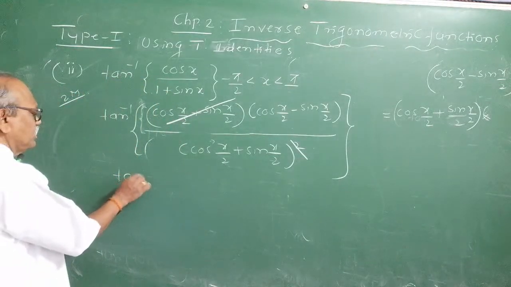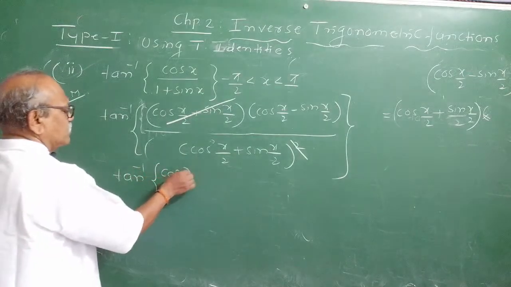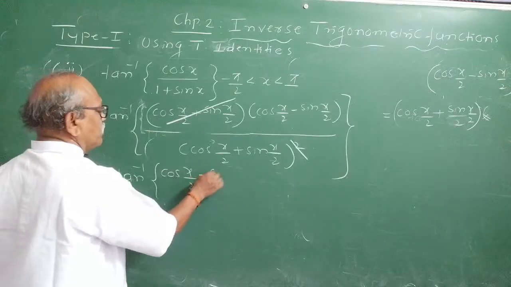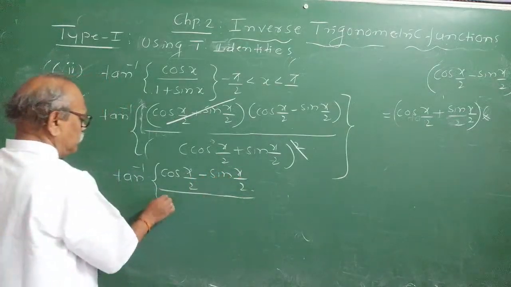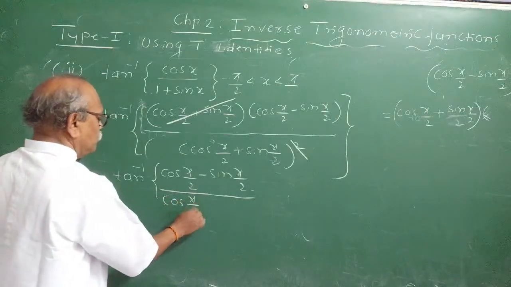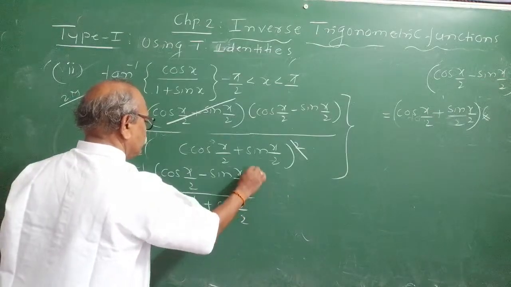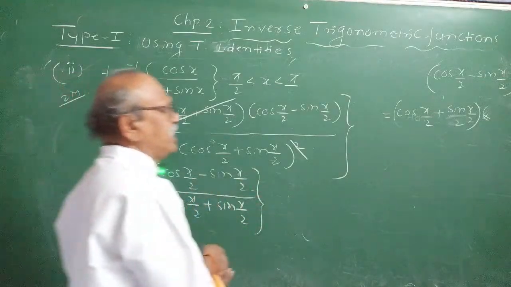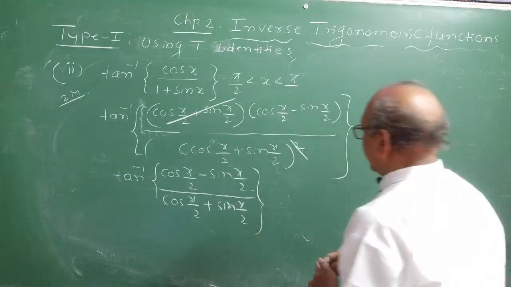Now you are left with cos x by 2 minus sin x by 2 upon cos x by 2 plus sin x by 2. You can remember this as TSR, time saving result. This can also become an identity. You can remember these identities so that you can directly substitute.